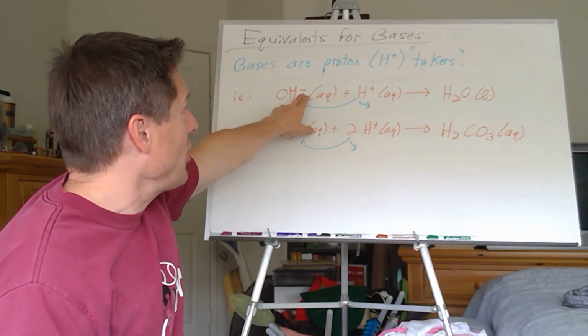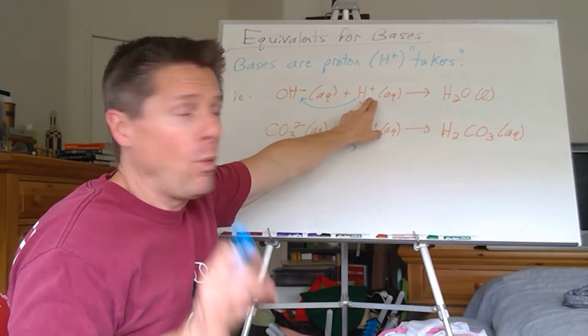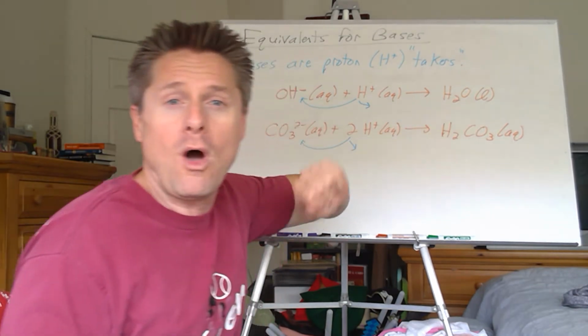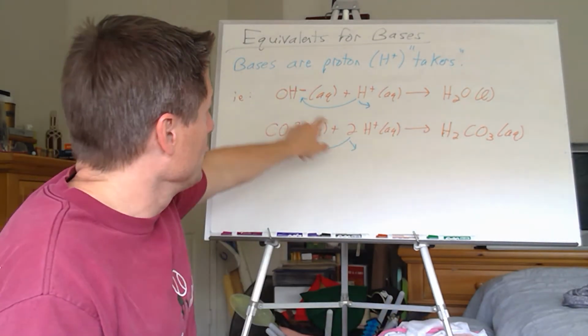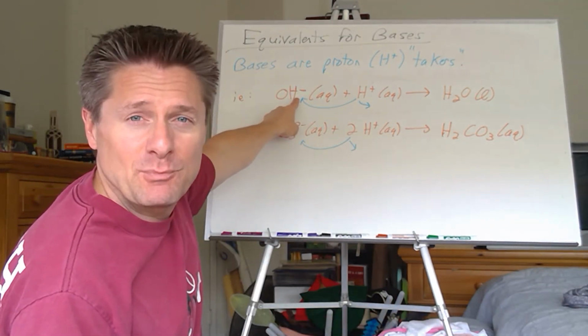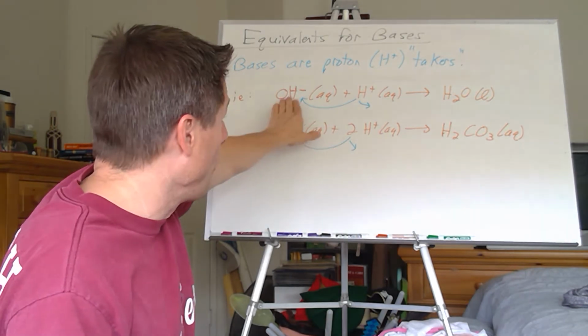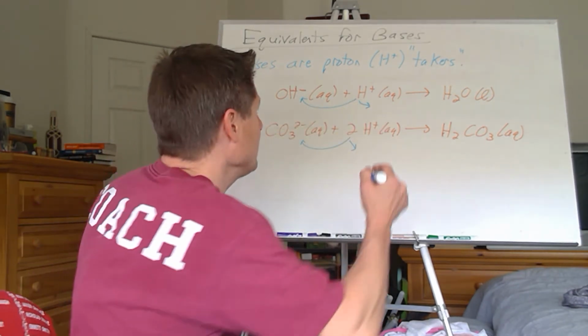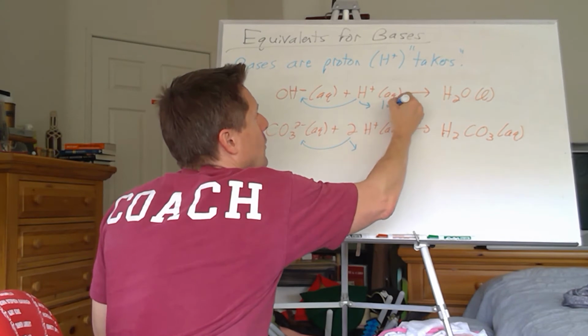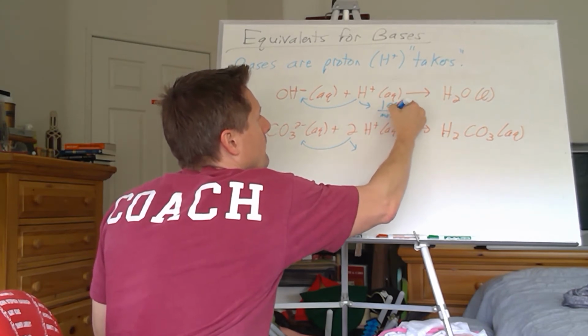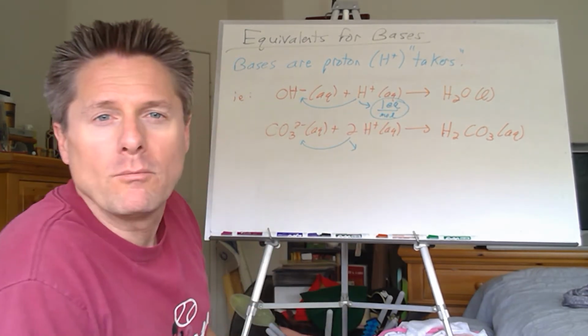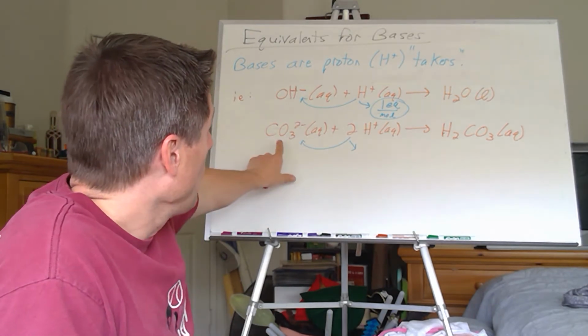That has a -1 charge, so it can only pick up 1 hydrogen to form water. That's the driving force. So would you agree that that particular species picks up 1? If I have 1 mole of this, it picks up 1 mole of H plus. So this would be 1 equivalent per mole. We'll look at the carbonate ion.